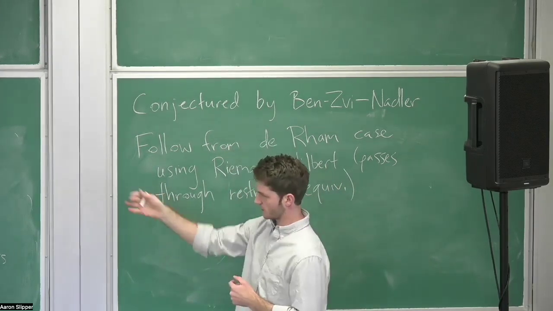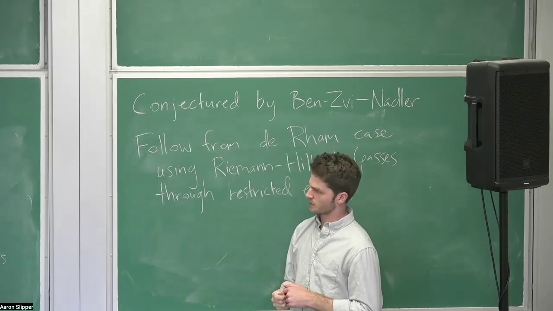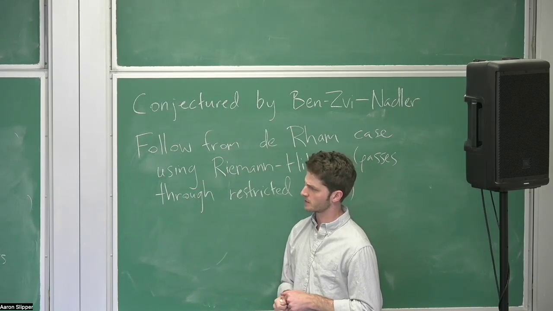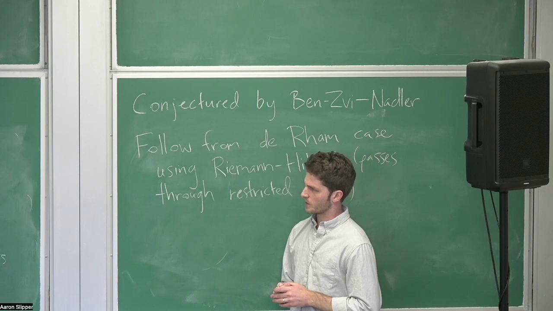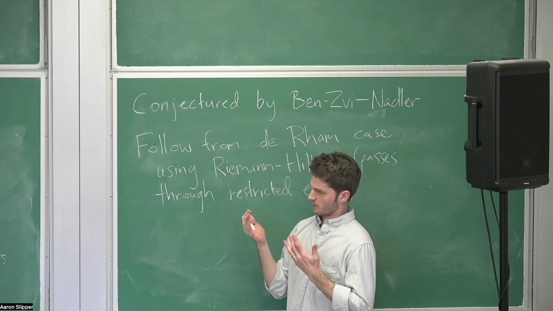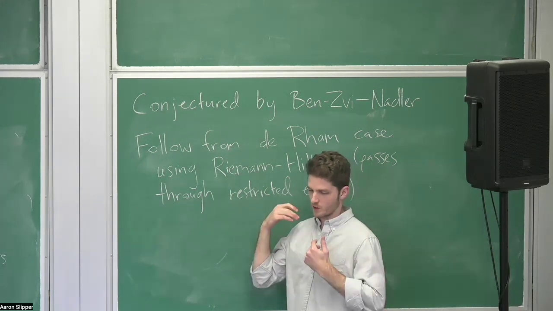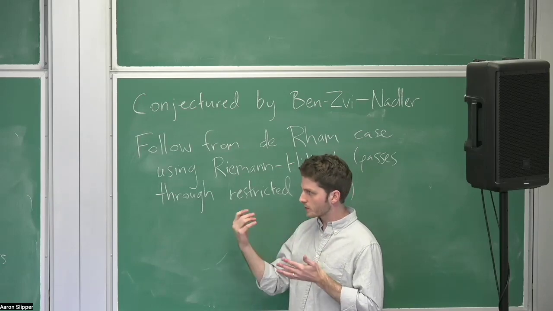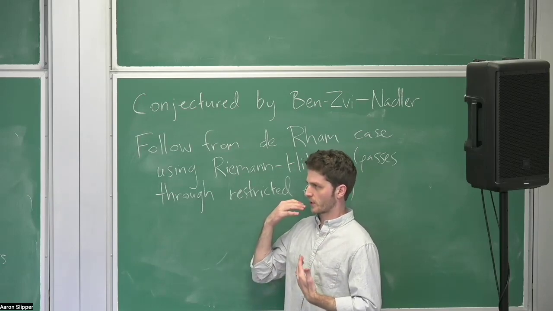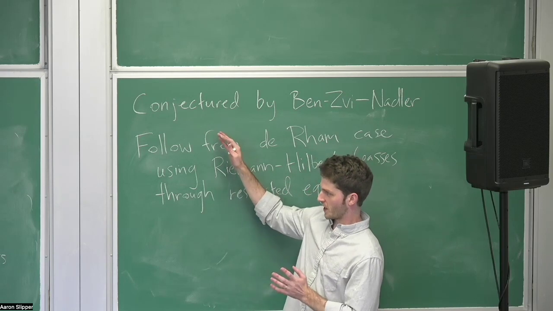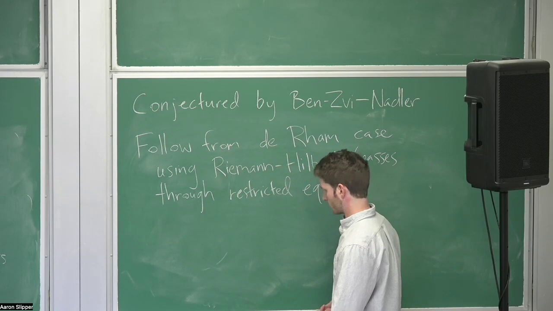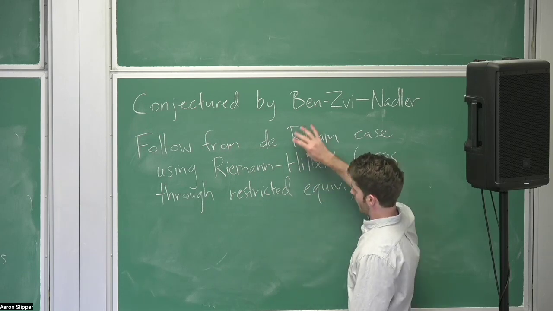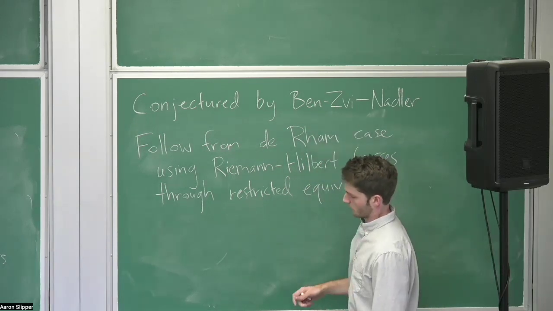The reason is because of these non-ind-constructible sheaves that are appearing on the left-hand side, which are not part of the Riemann-Hilbert correspondence. And so there'll be some restricted version where, with Riemann-Hilbert, everything is ind-constructible, and we'll be able to make some argument that restricted de Rham implies restricted Betti using Riemann-Hilbert, and then you somehow deduce the Betti equivalence from the restricted Betti equivalence.